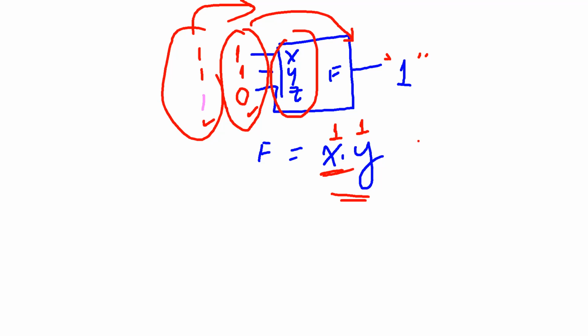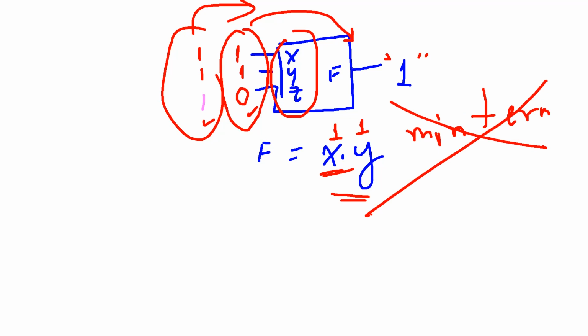That means this term is not a minterm, because there are two combinations that make the function to be 1. By definition, a minterm must have only one case that makes the output to be 1.